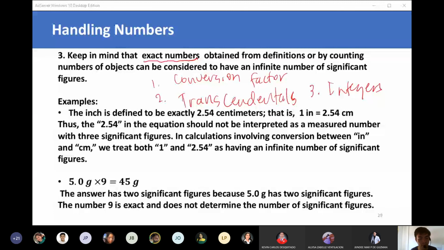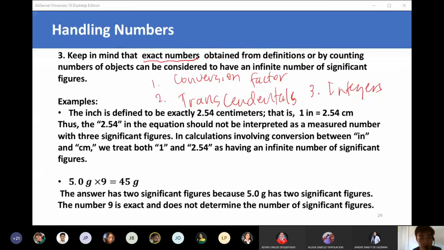So, for example, for conversion factor, it says in our paragraph that conversion factors are considered exact numbers. So what if they are exact numbers? When we have an exact number, we do not take into account their significant figures.